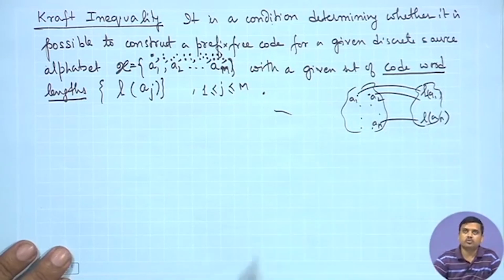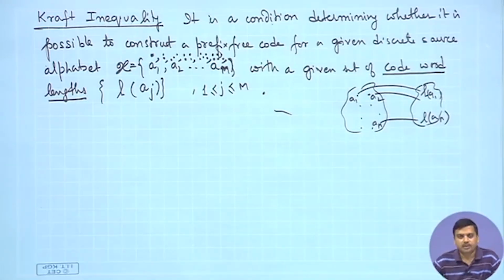Let there be a 1:1 mapping, and there could also be a 1 to many mapping, it does not matter. That means a few code words have the same lengths, not a problem. We have not talked about the code words themselves, this is important. All we want to know is whether it is possible to construct a code which is prefix free. Once you know that it is possible to construct a prefix free code, then life is easy.